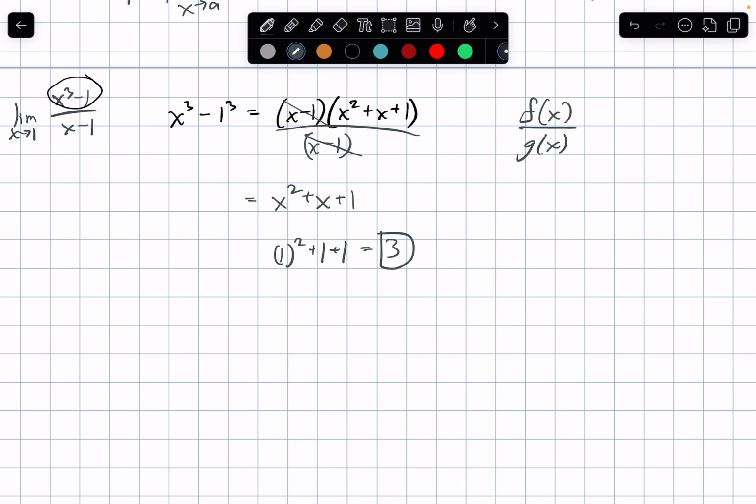You know that a certain problem could be solved using L'Hopital's when you try to direct substitute and the denominator is going to be 0. Essentially we have 4 cases of indeterminate forms, the most basic of which is 0 over 0, or another is infinity over infinity, but you don't have to know that yet.